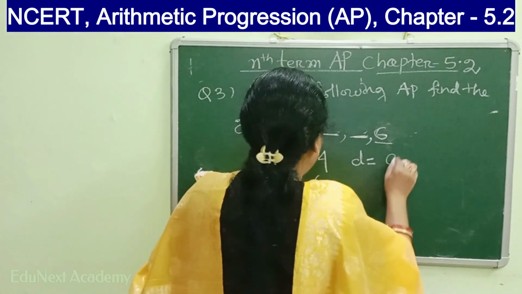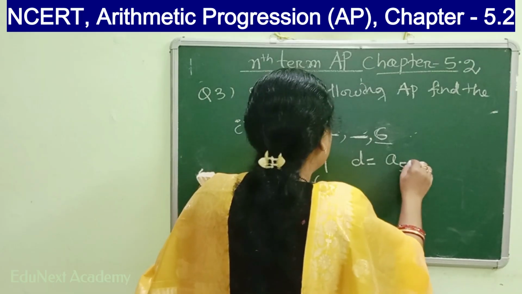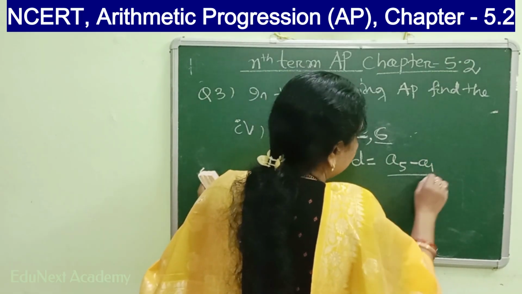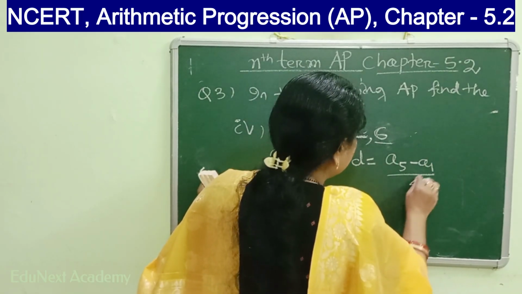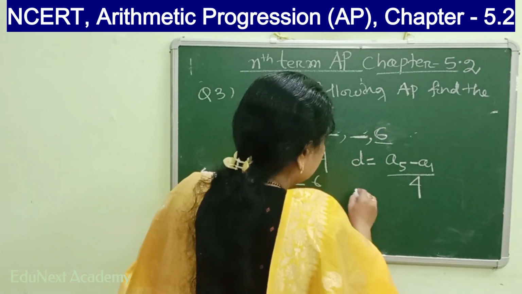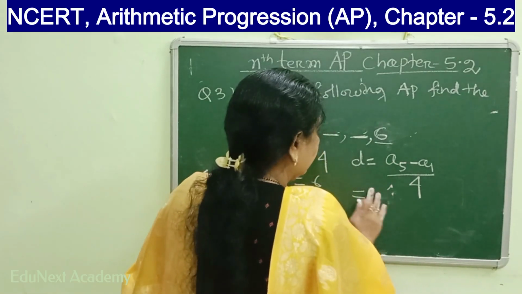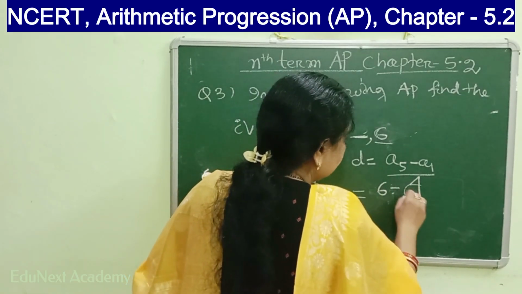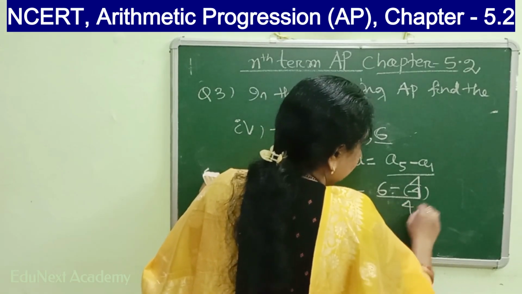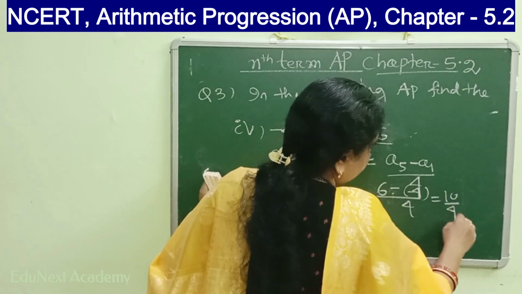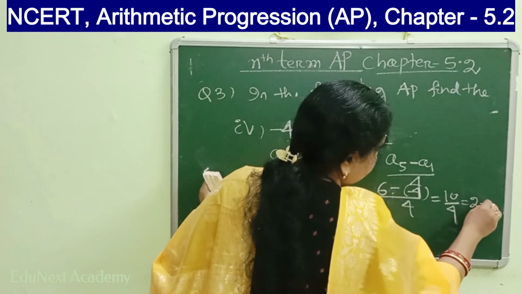So this is A5 minus A1 divided by 4. So this is 6 minus of minus 4 divided by 4, that is 10 by 4, that is 2.5.